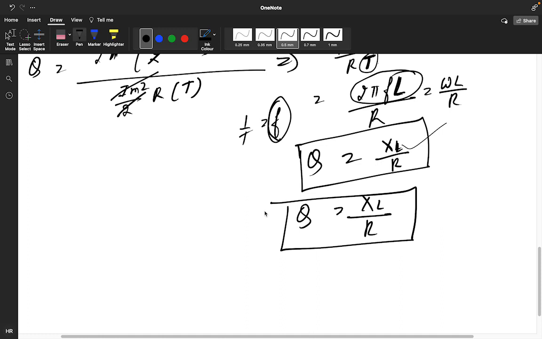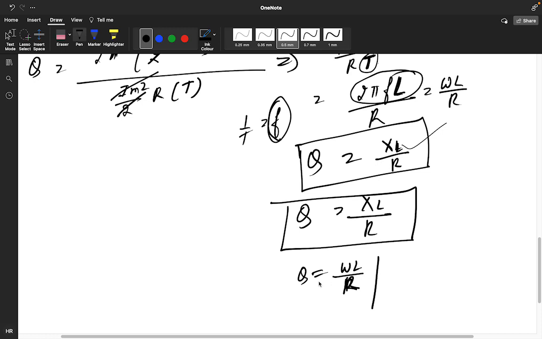Same thing you can write. Hence the quality factor is omega L divided by R, right? And if you want to write in terms of a capacitor, what will happen?